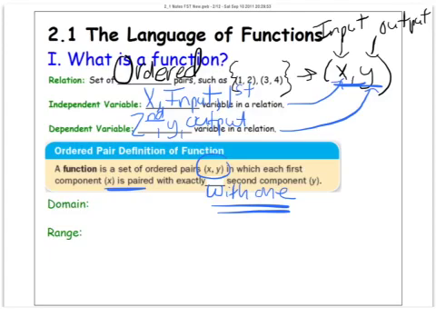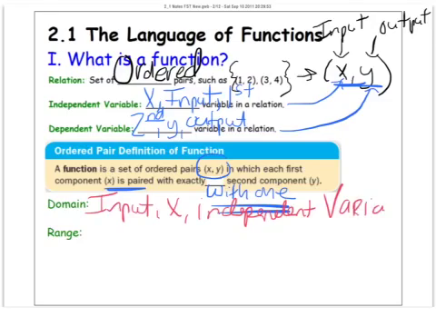Now the definition of a domain we need to talk about. The domain is going to be basically all of our inputs, or the x values, or as we just learned above, we're going to call that the independent variable. Whereas the range, that is going to be all of our outputs.